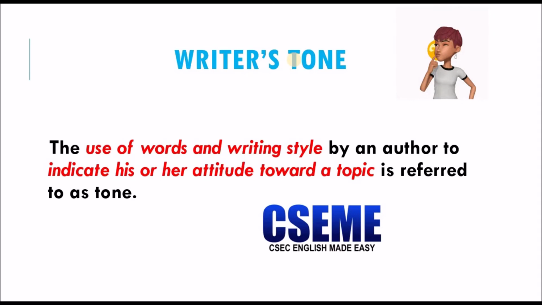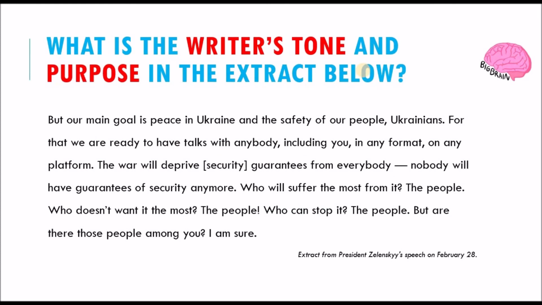So based on the words that are used, the audience is able to know that the writer is disgusted, the writer is happy, the writer is excited. These are all words that can be used to identify writer's tone. Now, we are going to see how we're able to identify the writer's purpose and the writer's tone in the extract below.